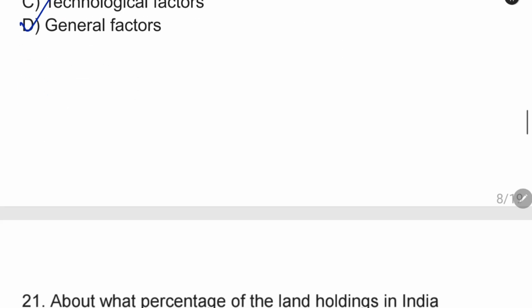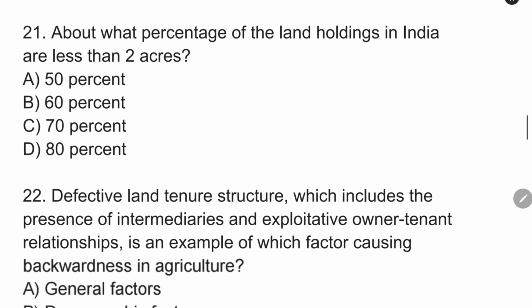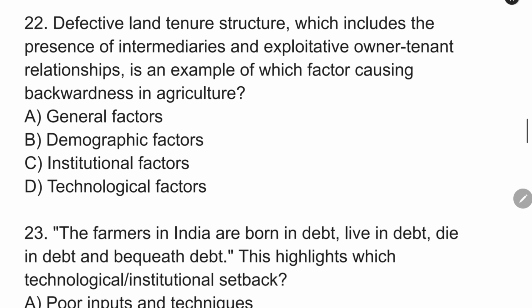General factors. About what percentage of land holdings in India are less than 2 acres? 80%. Defective land tenure structure, which includes the presence of intermediaries and the exploitative owner-tenant relationship, is an example of which factor causing backwardness in agriculture?